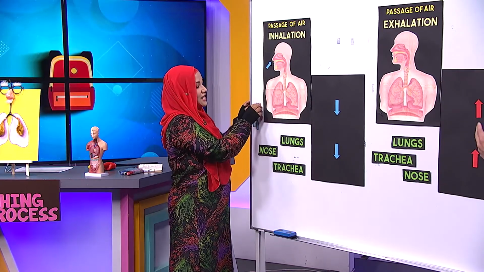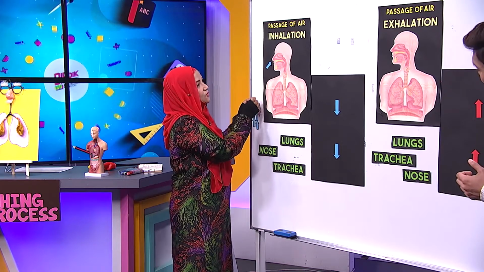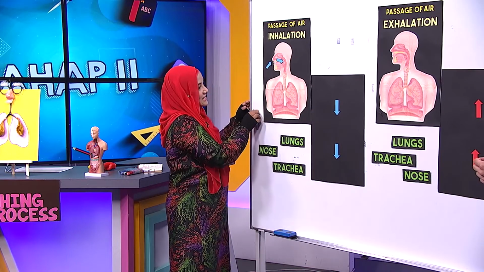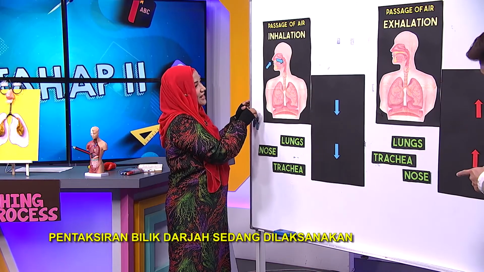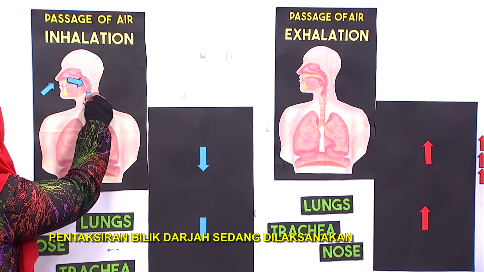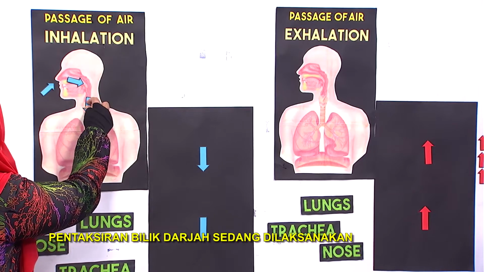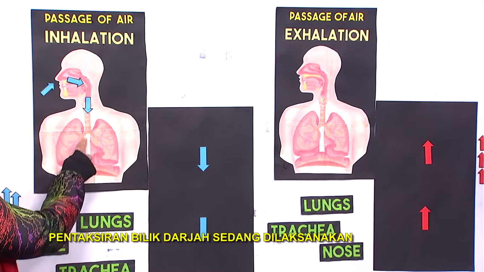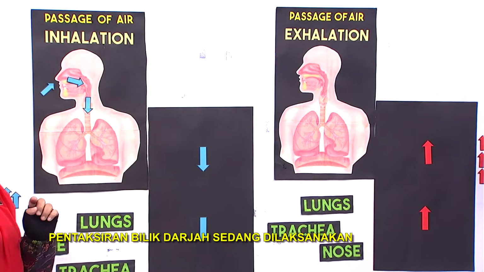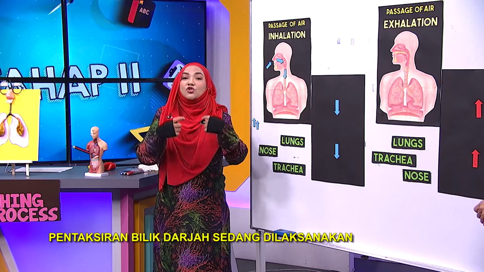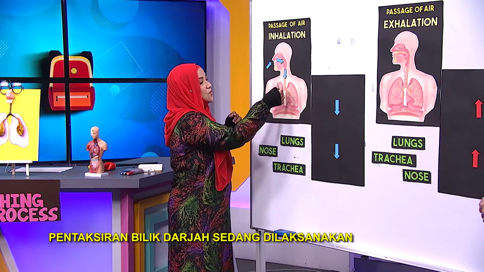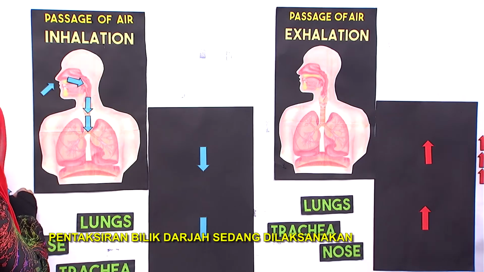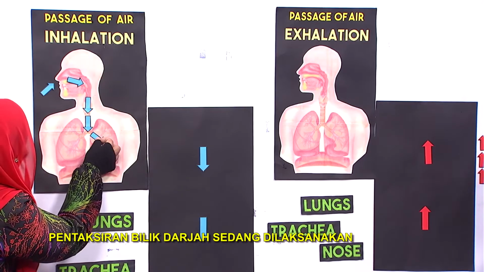And then it will go through here, going down into the windpipe, or what we call, the scientific term, the trachea. And because there are 2 parts of the lungs, the trachea will channel air into the lungs.